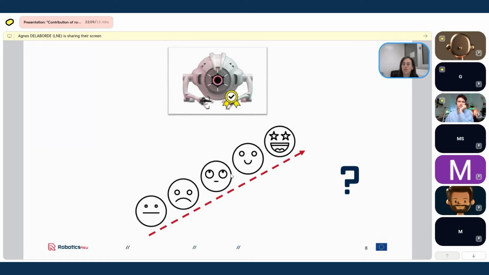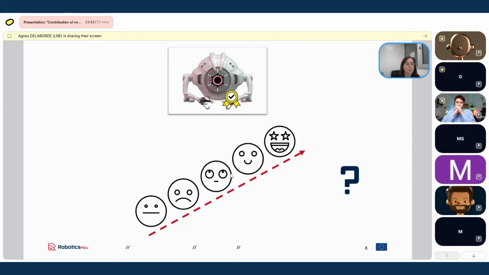We also want to understand what is a good score of maturity and what is not. Obviously, we don't want to be an obstacle for the selling of robots because we guess that the maturity score that is expected from an agricultural robot may not be the same type of maturity score that we expect for a robot that is in our homes, for example.